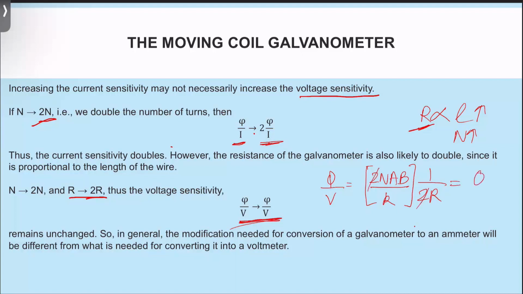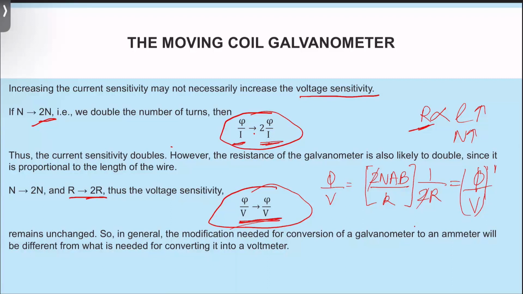Then your new phi by V remains the same. So your voltage sensitivity does not vary with respect to increasing the number of turns of the galvanometer coil. So converting a galvanometer into an ammeter will be different from converting it into a voltmeter. This is the reason, because current sensitivity differs while the voltage sensitivity does not change.